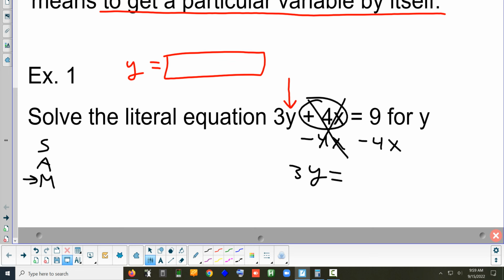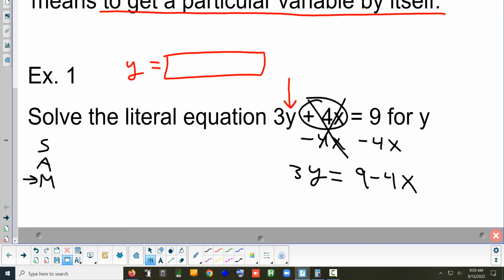And what's on the right? 9 minus 4x. You can't combine the 9 and the minus 4x. Why can't we combine them? Yeah? They're not the same terms.